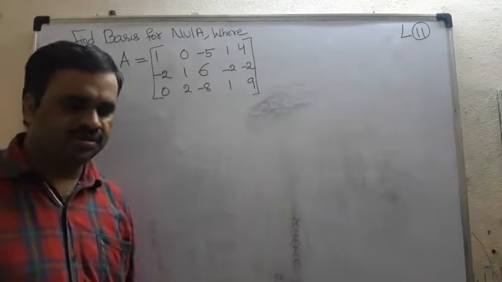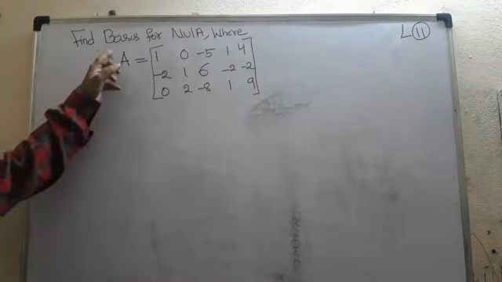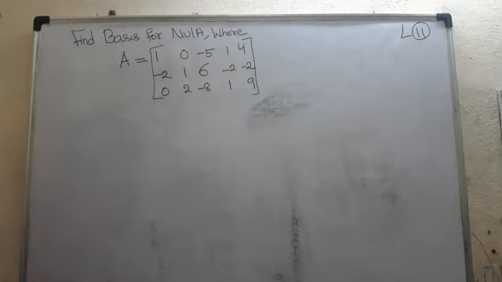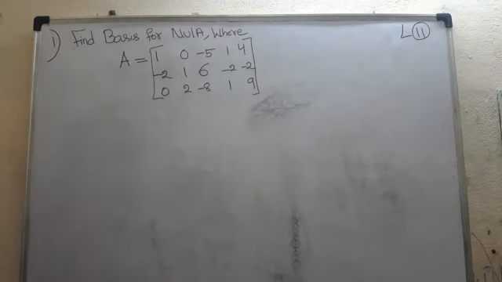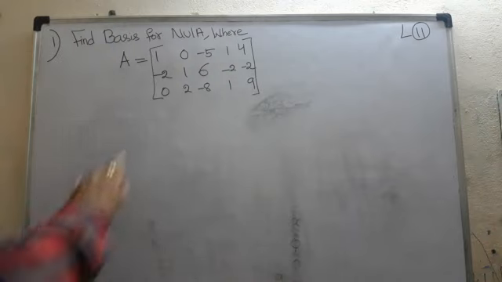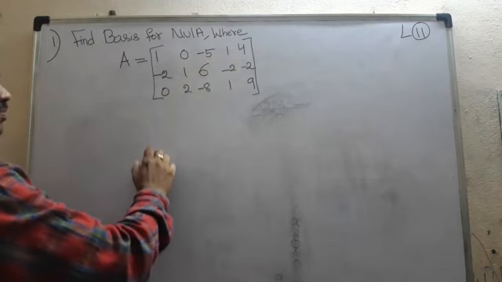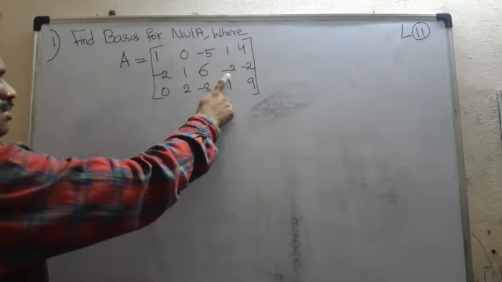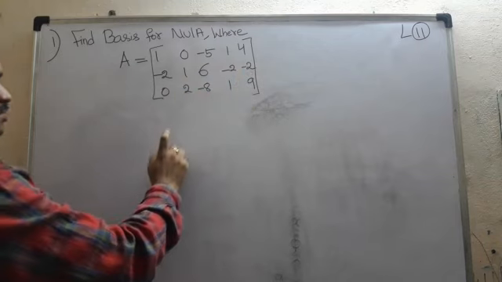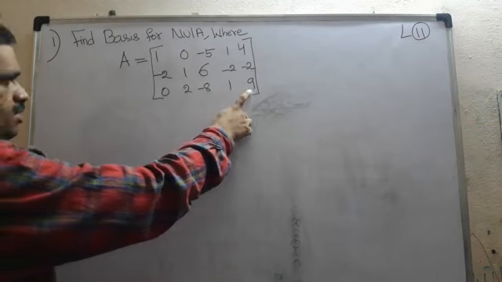Good morning, students. Today we are going to discuss how to find the basis for null A. The question is: find the basis for null A, where A equals the matrix with first row 1, 0, minus 5, 1, 4, second row minus 2, 1, 6, minus 2, minus 2, and third row 0, 2, minus 8, 1, 9.